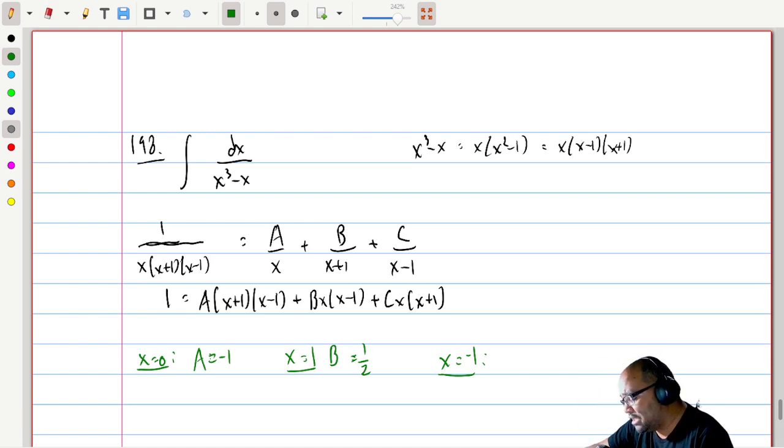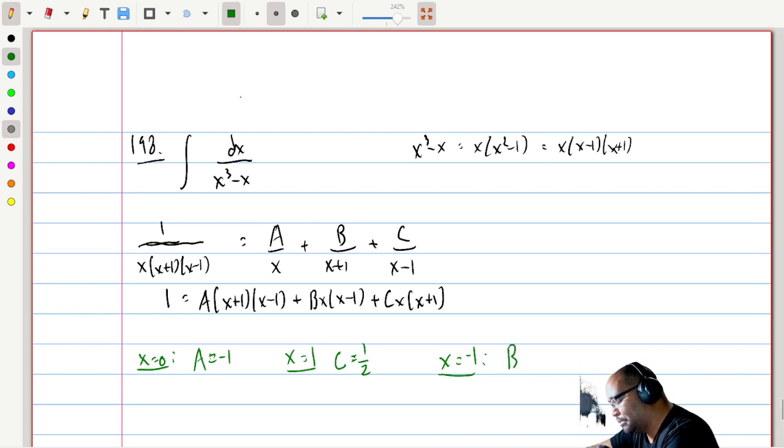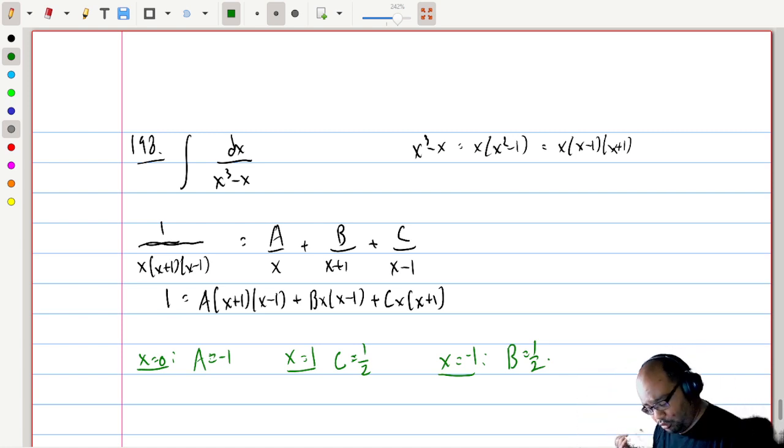Wait a minute. Hold on. If x is equal to 1, A and B vanish, so C is left over, yeah. So if x is equal to -1, A and C vanish. -2 times -1 is a +2, so I get a 1/2 out of that for B. Okay, just going through these kind of fast.